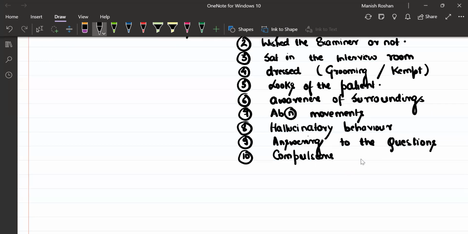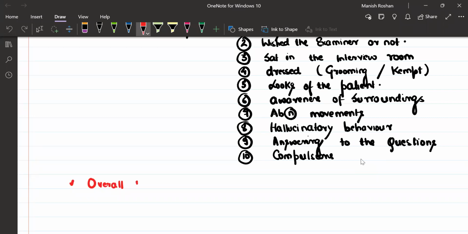At the conclusion, do write regarding the overall attitude of the patient, that is, whether the patient was cooperative to the interviewer or not.